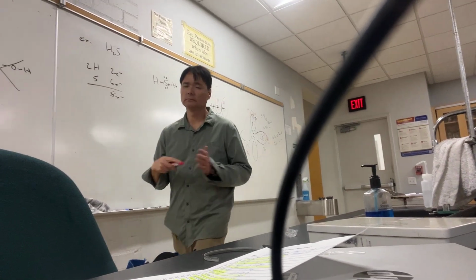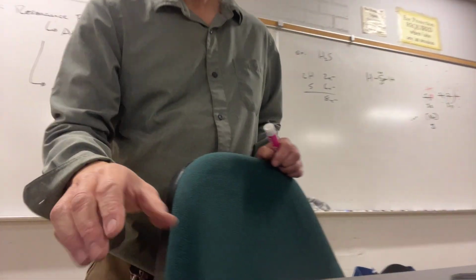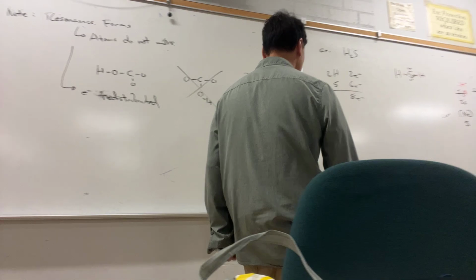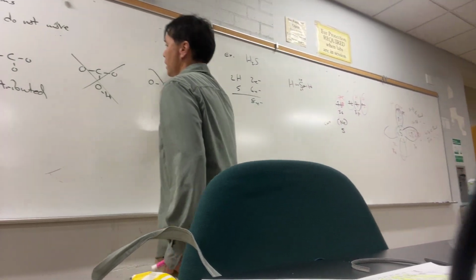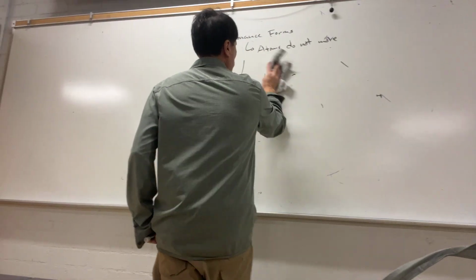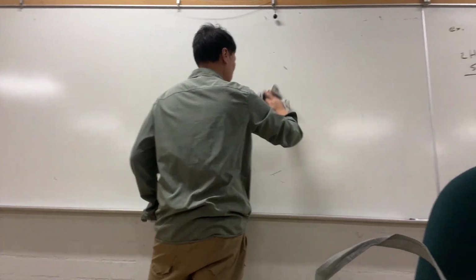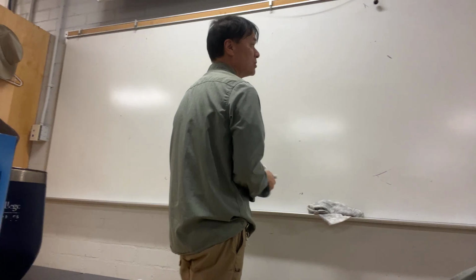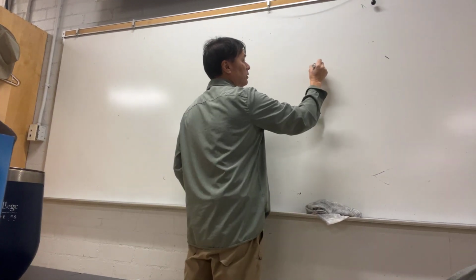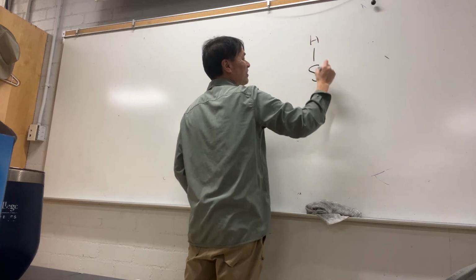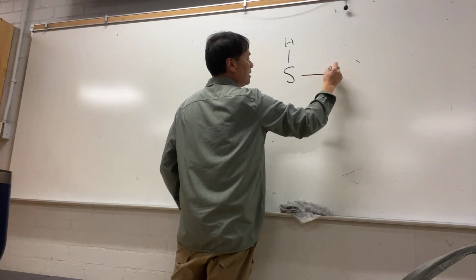I'm going to have one hydrogen bonded straight up like this, and one hydrogen bonded out like this. And then I'm going to have a lone pair in the p orbitals, which project out and in, and another lone pair in the s orbitals like this. What I expect here is the H-S-H bond angle.